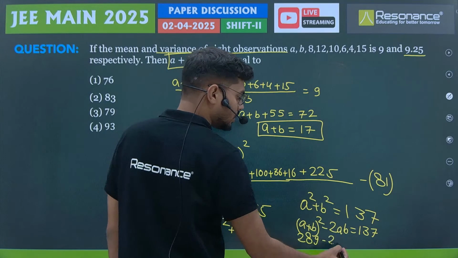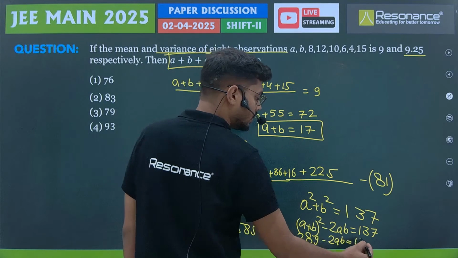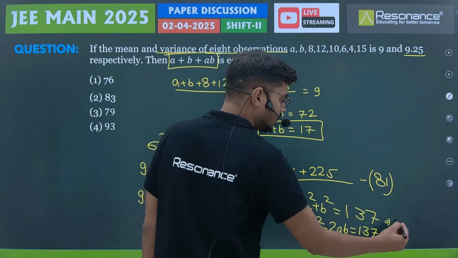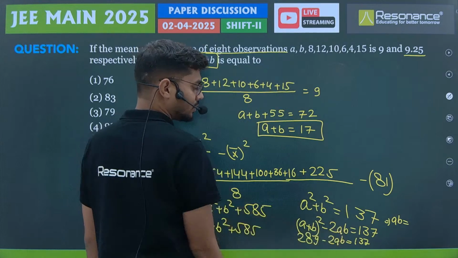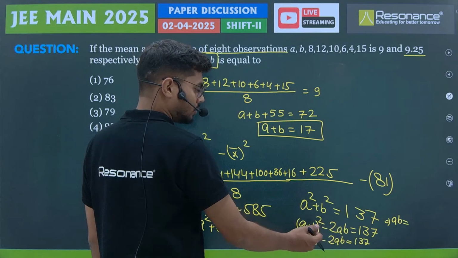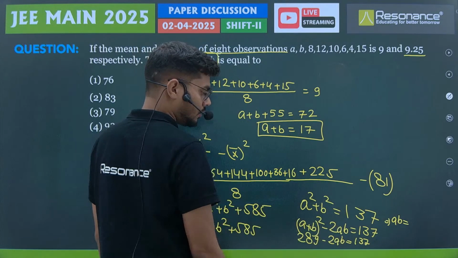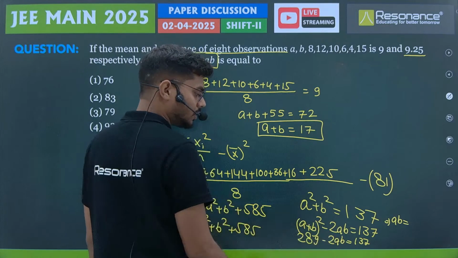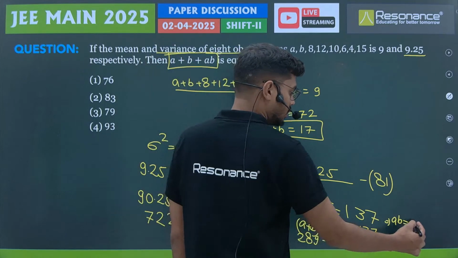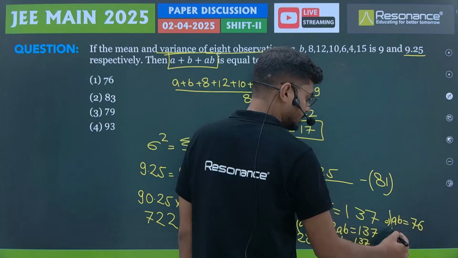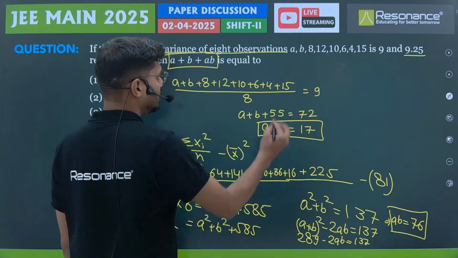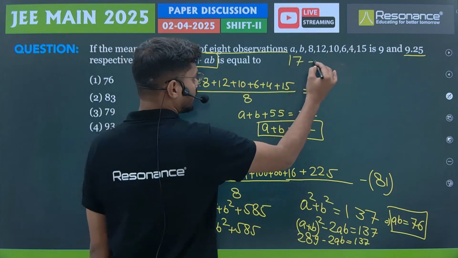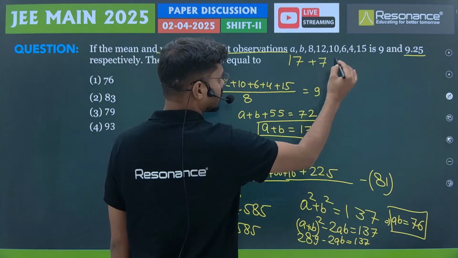So 289 minus 2ab equal to 137. From here I can find ab. So can you tell me what is ab? 289 minus 137 will be 152. 152 divided by 2 is 76. ab is 76. So a plus b is 17. The answer is 17 plus 76.